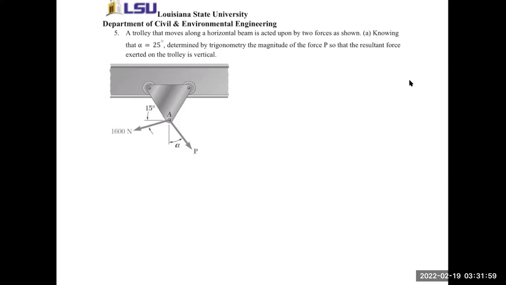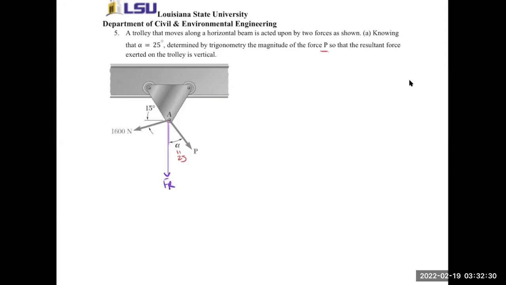So first thing we know that alpha is equal to 25, okay? And we need to determine the magnitude of the force P so that the resultant force is vertical. We know that the resultant force is always between the two vector forces, which is between 1600 and P. And it says it's directly vertical. So I'm pretty sure it's going to be right here.